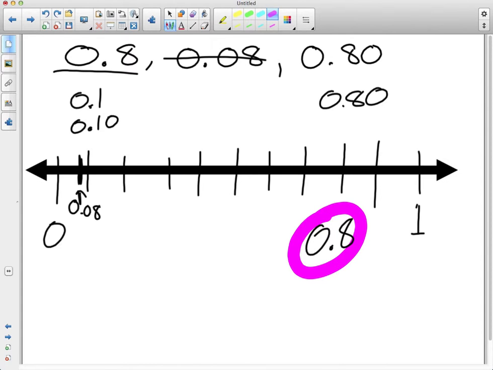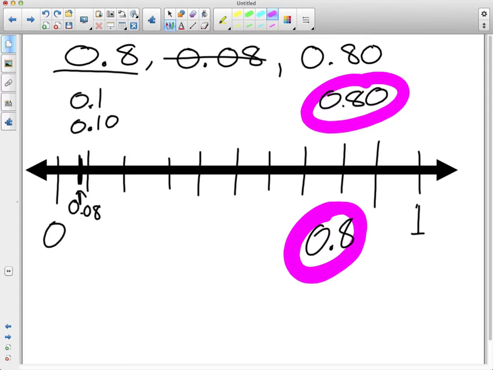How many individual cubes would be covered up by 8 longs? Chase? You would cover up 80 individual cubes.